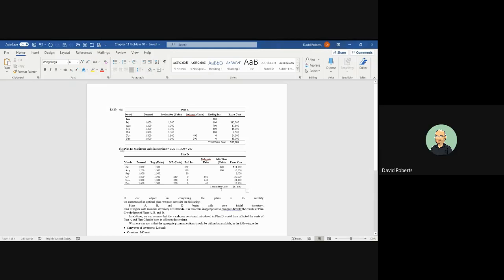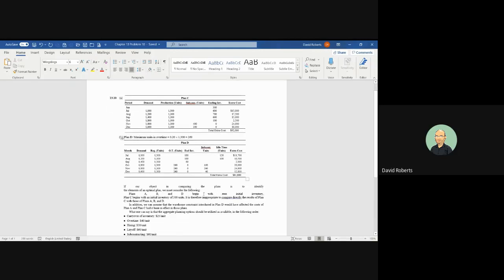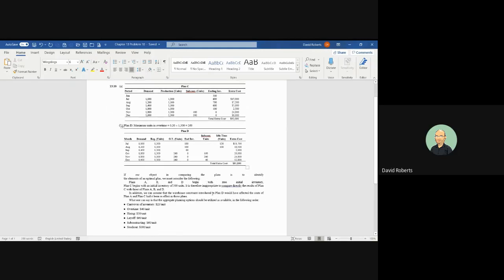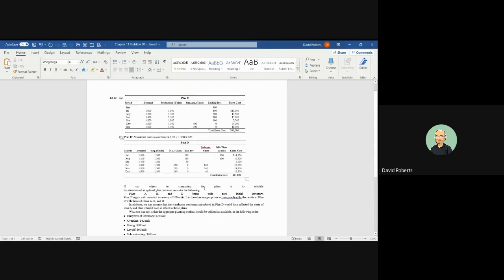In part D, you have a similar plan, except your first choice will be to do some overtime. The maximum amount of overtime is 20%. So 20% of the 1,300 is 260 units.